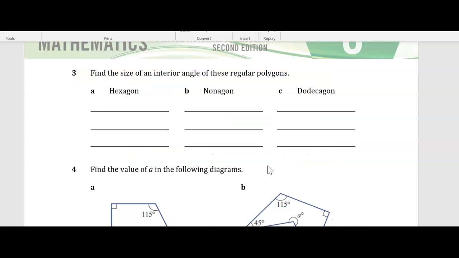So with these shapes here, because the word regular is used, a polygon is any shape, but a regular one means that all sides are the same. So a hexagon is a 6-sided shape, a nonagon is a 9-sided shape, and a dodecagon is a 12-sided shape. So we can just calculate the angle sum first using the same formula as before.